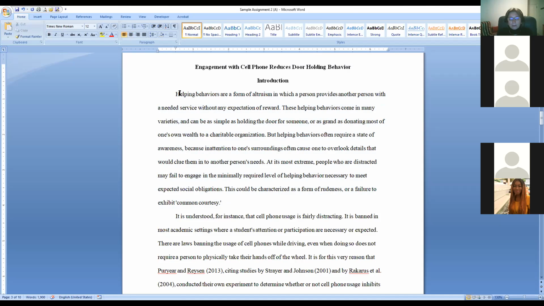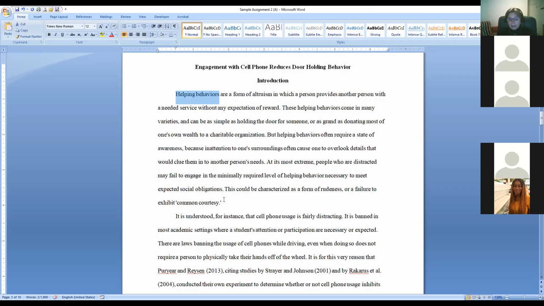In this particular paper, they are looking at whether holding a cell phone will interfere with people's potentially chivalrous behavior. Chivalrous behavior is often used to describe how men help women, but in this case, it's more about helping behaviors, right? So this is what they're talking about in this first paragraph.